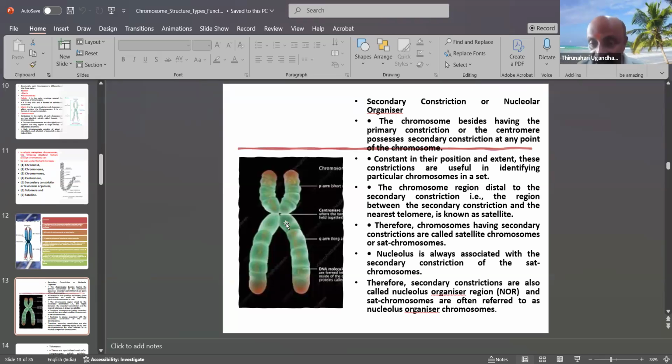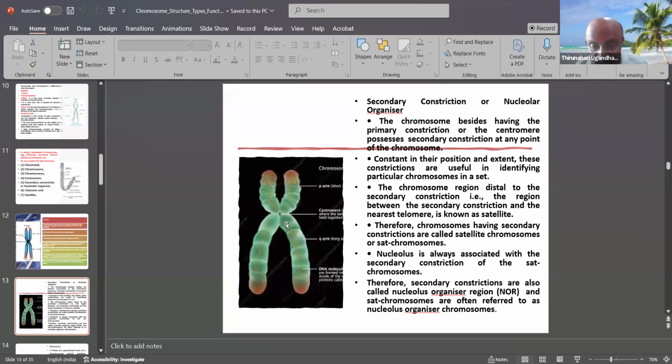Constant in their position and extent, these constrictions are useful in identifying particular chromosomes. The chromosome region distal to the secondary constriction, the region between the secondary constriction and the nearest telomere, is known as the satellite.